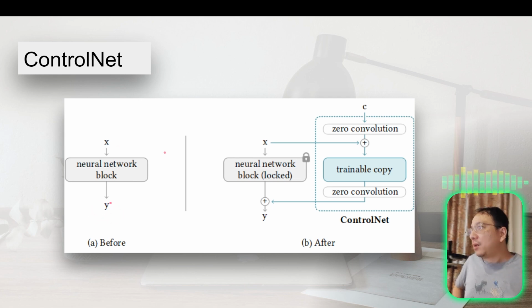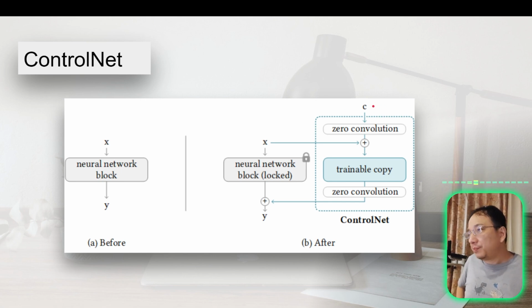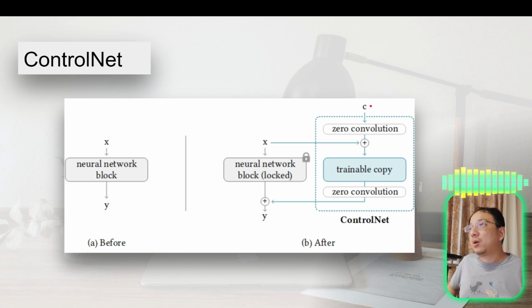And the output is Y. So in order to add a new conditional input to this block, we do the following modification. First of all, we copy the original weight from this neural network block into a trainable copy. Then consider our condition is also a two-dimensional input with some channels, just like an image or hidden states in a convolutional 2D network.